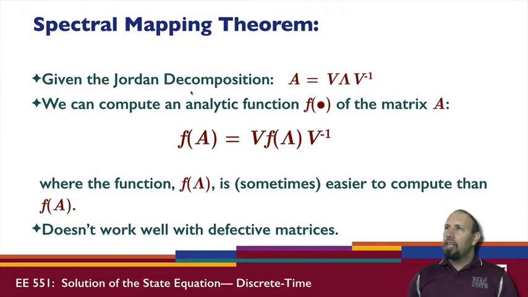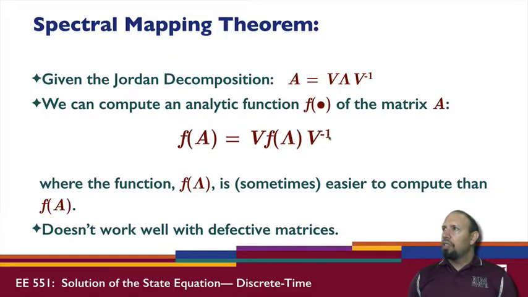The second method uses what's called the spectral mapping theorem. Here we're going to assume a spectral or Jordan decomposition. It turns out that we can compute an analytic function of the matrix A by this expression: the function of A is equal to V times the function of lambda times V inverse.